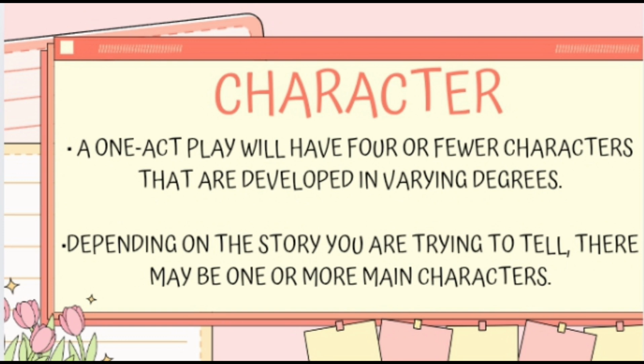In one act play, there are usually four or fewer characters. These characters can be developed to different extents. Some may have more detailed personalities or backgrounds than the others. The number of main characters depends on the story. There could be one main character or more than one, depending on what the playwright wants to focus on.